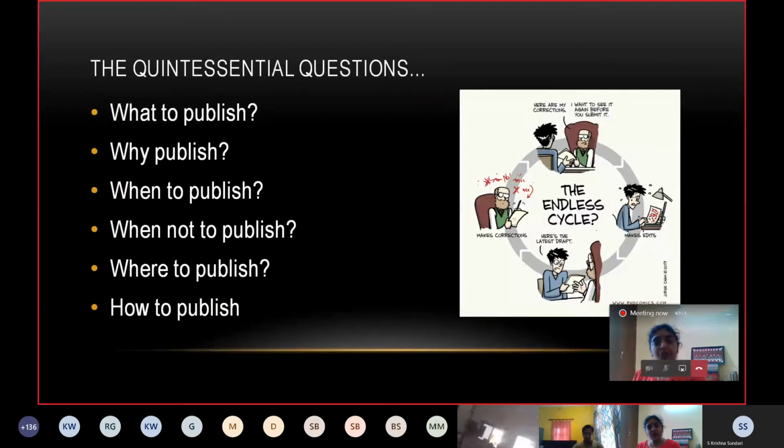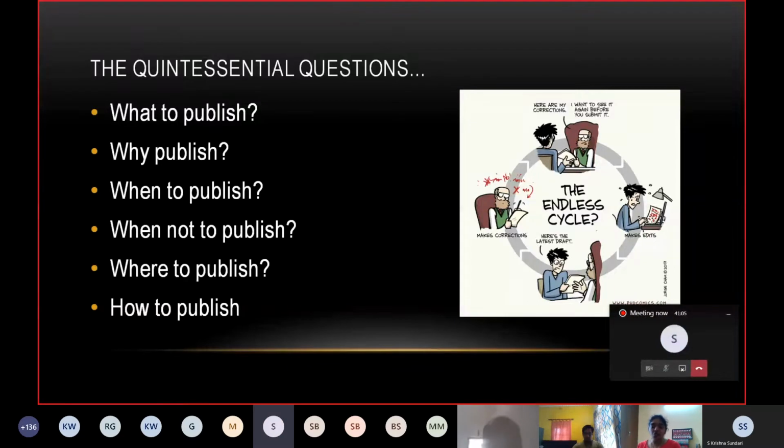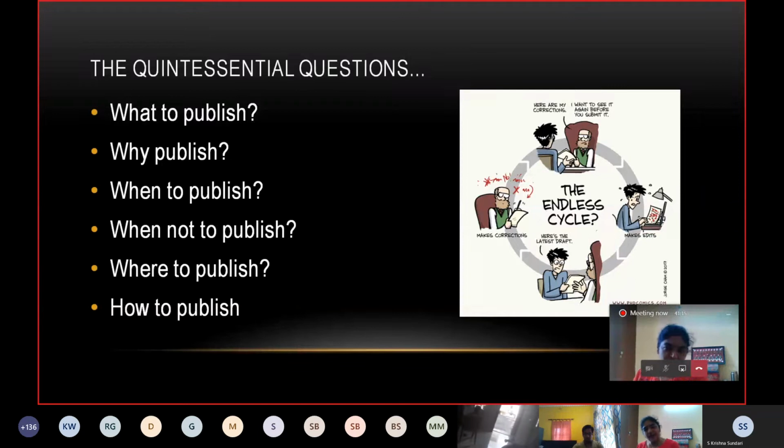If your work is about development of a product or a technology which has a potential market value, then you have to be very careful whether to publish at that point of time, or whether to patent first and then go for publication. That is a very important decision which some of you will have to make at some point of your research career.